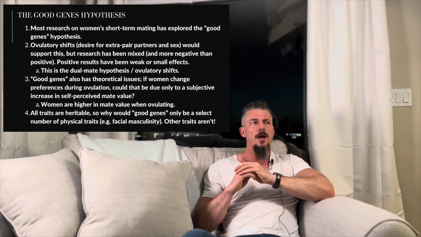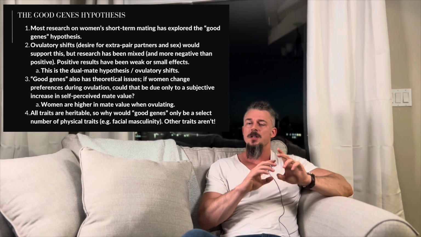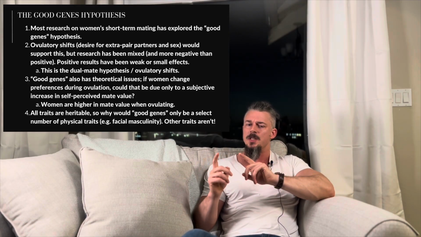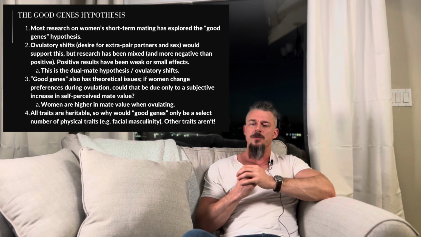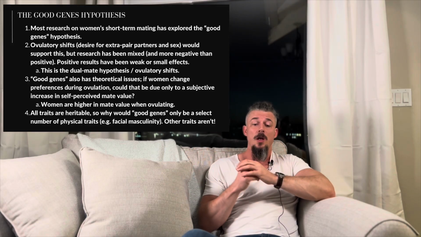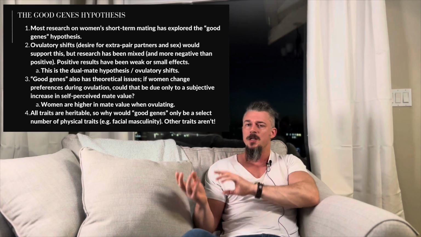We know, again, that personality traits, behavior, and all of that are heritable. So the selection for good genes should not just be a selection for physical traits. It should also be a selection for behavioral traits. But we don't see that. So if women change preferences during ovulation, could it just be due to that? Why are these good genes only a select number of physical traits that ever seem to show up, but none of these other heritable traits?